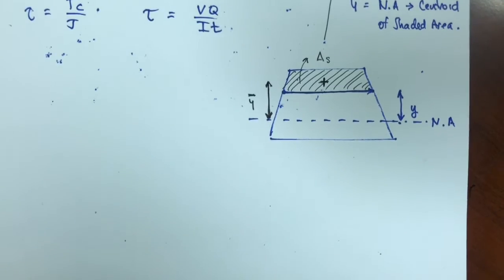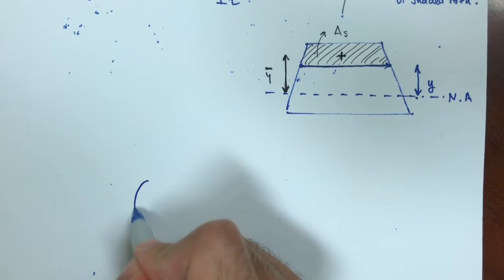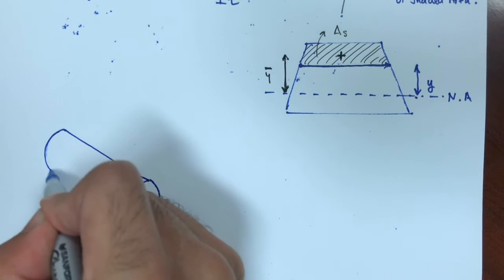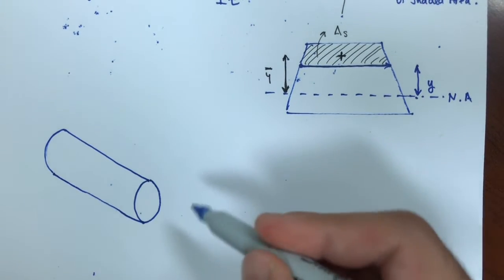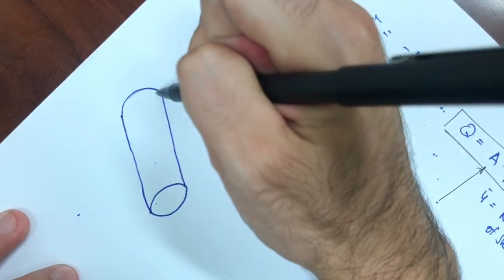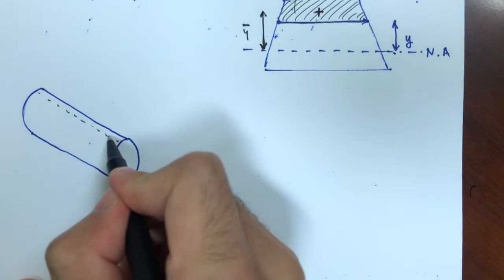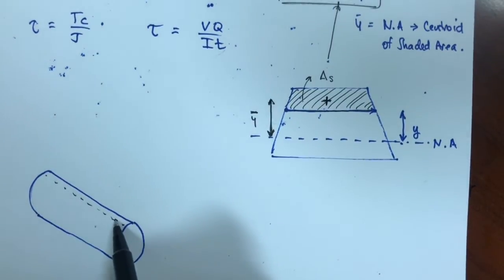Just to end this video with some of the examples that I've been solving in class. If I have a shaft, a rod, or whatever, and I'm trying to find where the maximum stresses occur, when we're here at the top, the shearing stress is 0 because Q is 0.